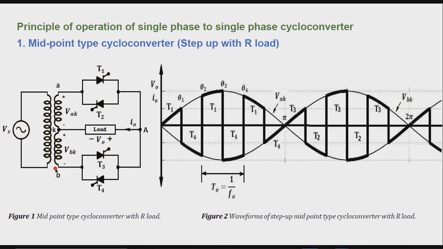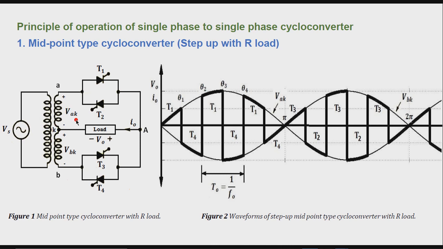When T3 is triggered, the load voltage is positive and current flows in this direction. Now at omega t equal to pi plus theta, T3 is force commutated and the forward biased thyristor T2 is turned on, and the output voltage becomes negative and the load current flows in this direction.